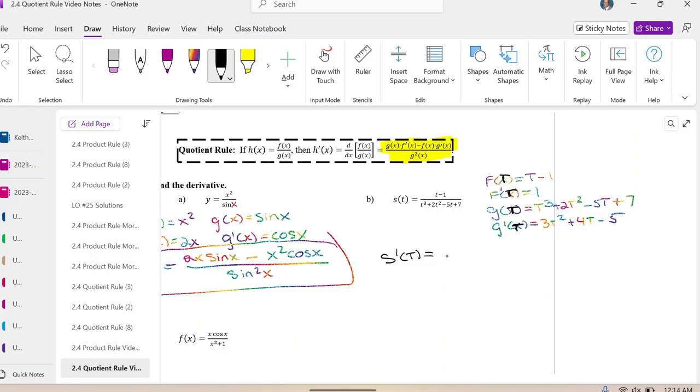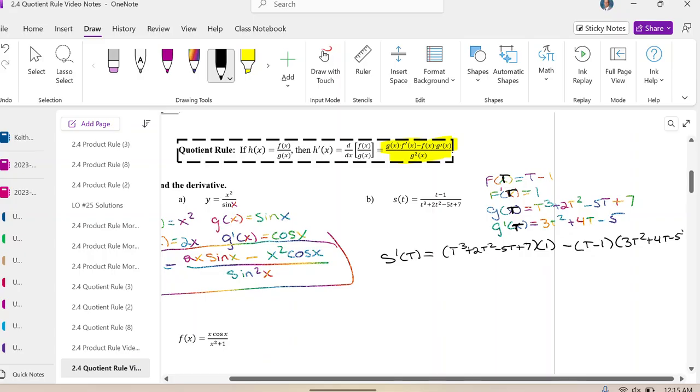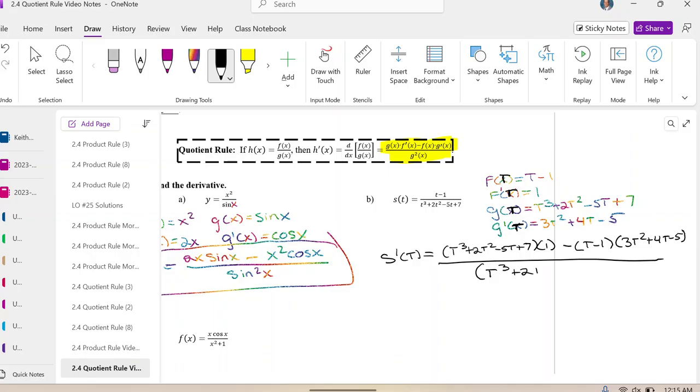So applying the quotient rule, you have t to the third plus 2t squared minus 5t plus 7 times 1, minus f g prime, so that's t minus 1 times 3t squared plus 4t minus 5, all over the denominator squared, which is t to the third plus 2t squared minus 5t plus 7, all squared.